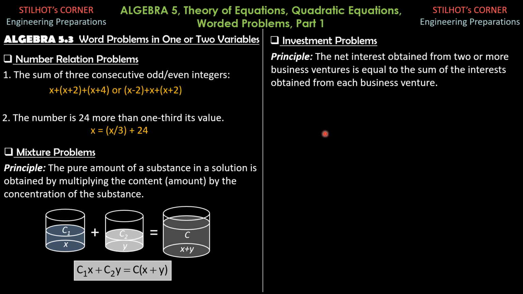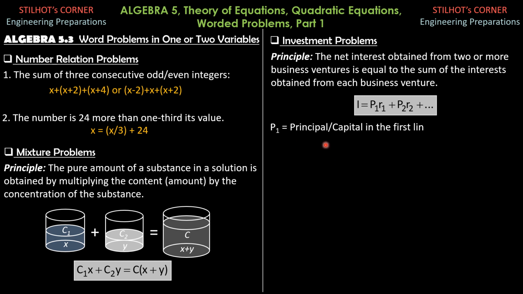But in algebra problems here, time is taken as 1 year. So that's why interest is simply principal or capital times rate of simple interest times 1. So it reduces to PR. So adding interest, this is the resulting interest, the total principal times the resulting net interest R. It would be equated to the interest earned in one line of business, then interest earned from the second line of business, and so on and so forth, depending on the number of businesses.